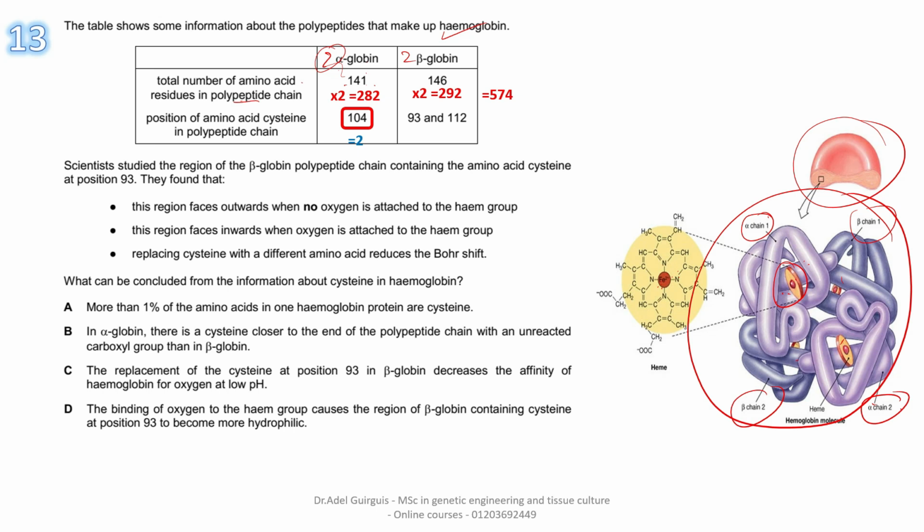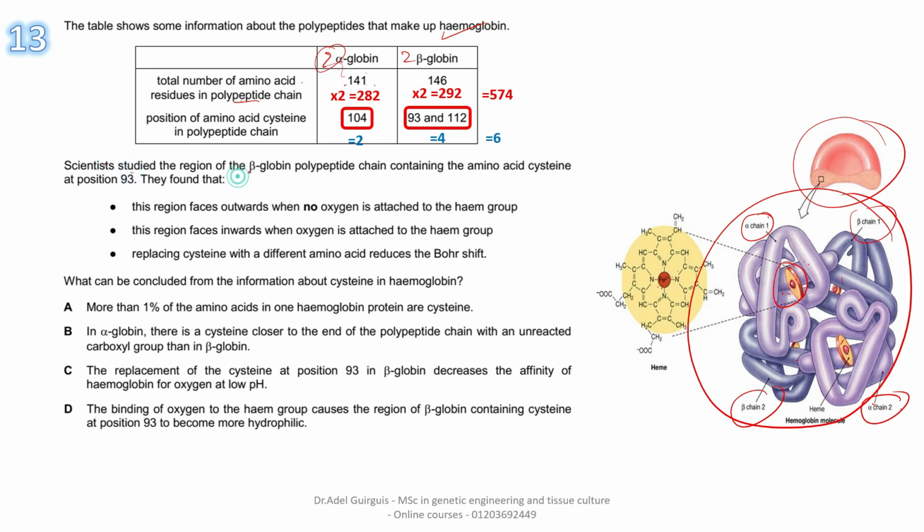In one beta globin, 2, at positions 93 and 112. How many per one molecule of hemoglobin? Equal 4, 2 times 2 equal 4. So what about the total number of cysteine found in one hemoglobin molecule? Equal 6.